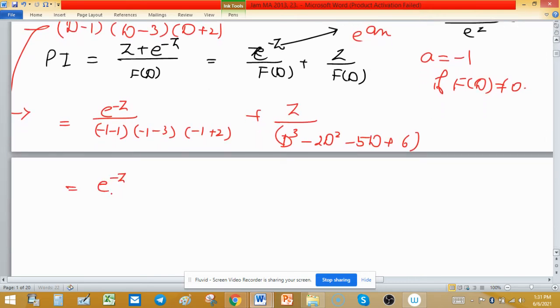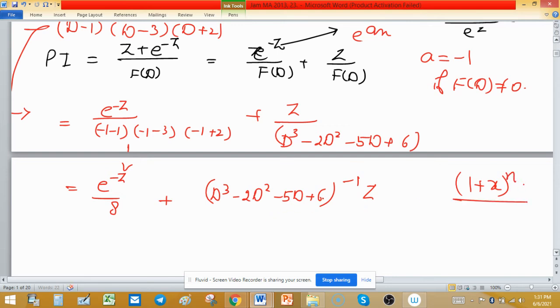So e raised to the power minus z upon 8, we obtain it from this one in denominator. So I can write (D cube minus 2D square minus 5D plus 6) inverse z. So we are interested to make this 1 plus x raised to the power n type format. So take 6 as a common. So this one can be written as e raised to the power minus z upon 8 plus 1 upon 6 outside.